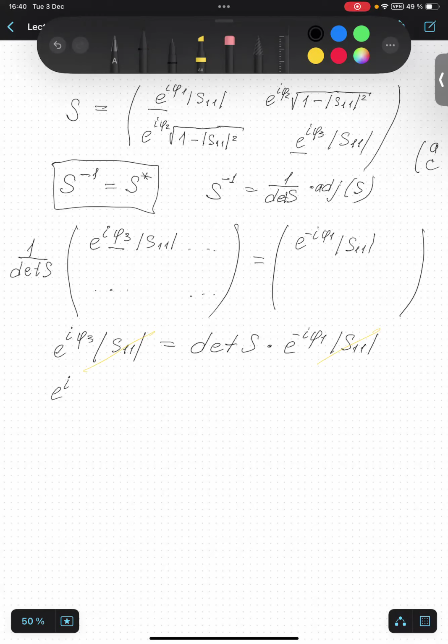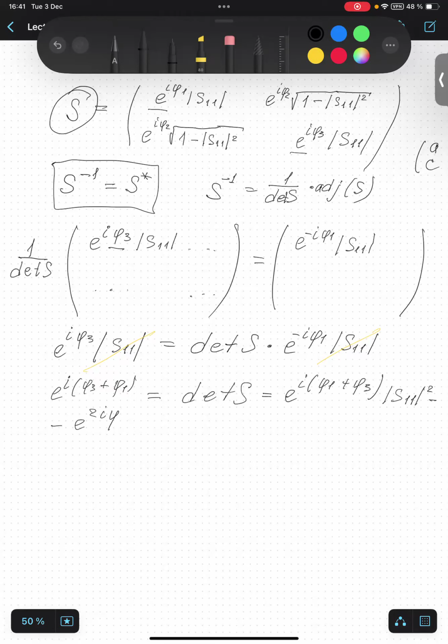We have e^(i(phi3 plus phi1)) equal to determinant S. Or from the other hand, we can calculate the determinant of our matrix S. Let's write it: e^(i(phi1 plus phi3)) S11 squared minus e^(2i phi2) times minus (1 minus S11 squared).